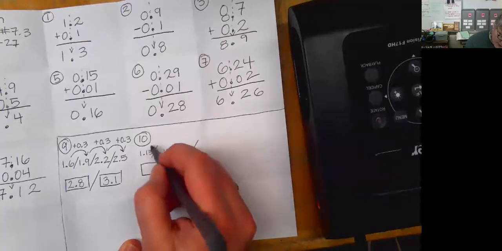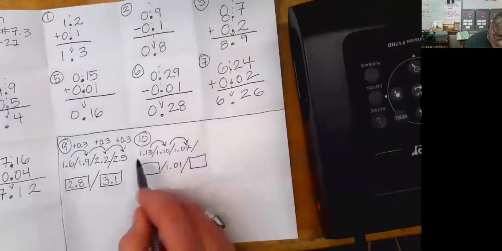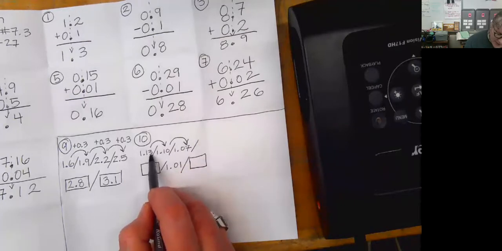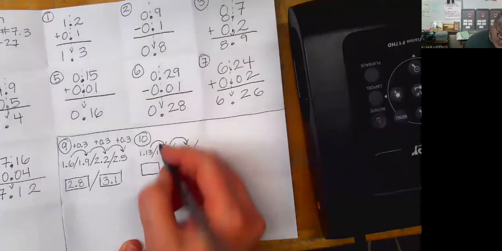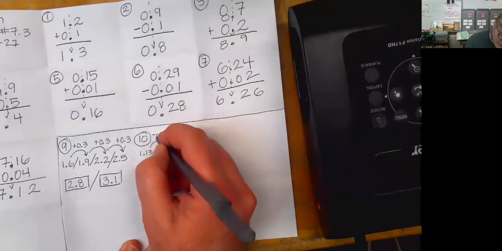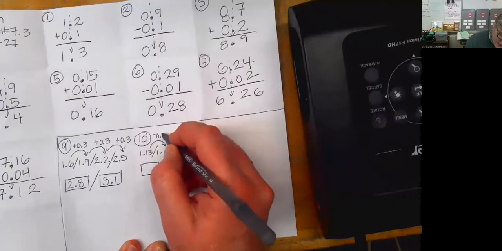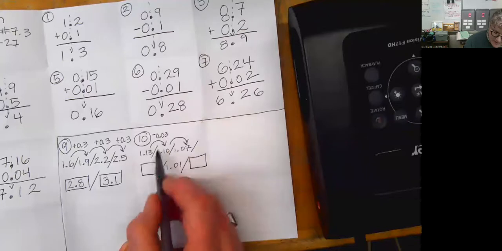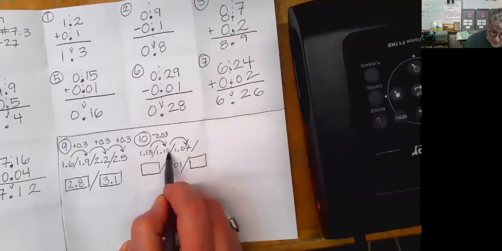So if I'm looking at the relationship between these numbers, this is 13 hundredths, this is 10. This looks to me like I'm subtracting 3 hundredths, so it's 0.03, so that I get 10 here.